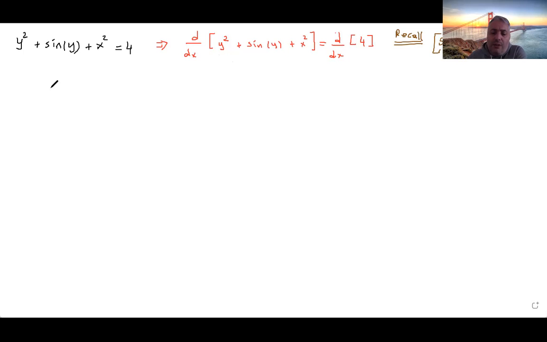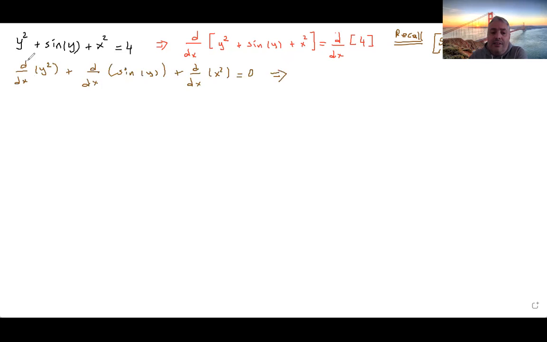Now, what will be the step by step? I am going again. d/dx of y squared plus d/dx of sine of y plus d/dx of x squared equals the derivative of a constant number, it's directly 0.